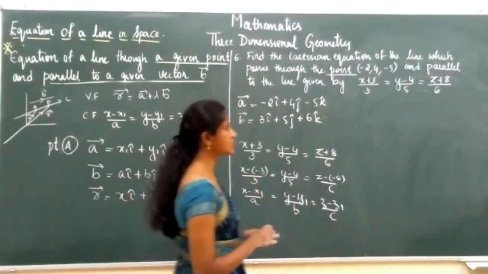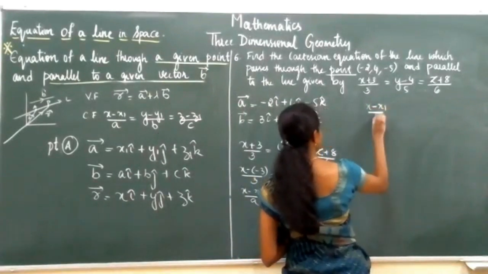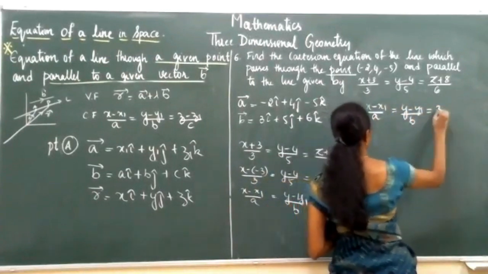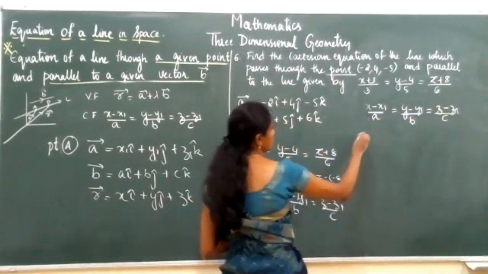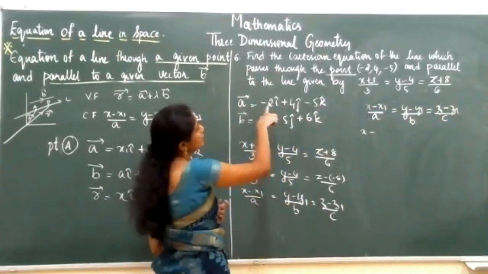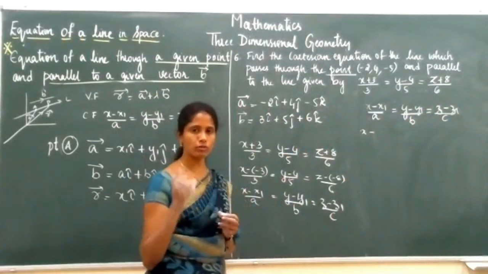Now let us find its Cartesian form. The Cartesian form is x minus x1 by a, which is equal to y minus y1 by b, which is equal to z minus z1 by c. Here, what is the value of x1? See, the scalar components of vector A are x1, y1, z1.